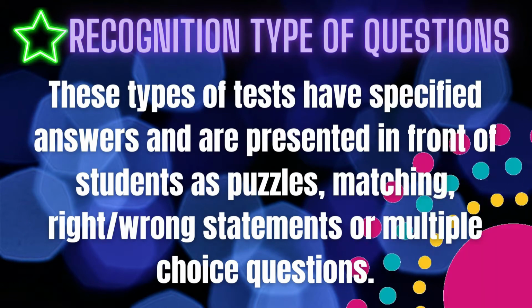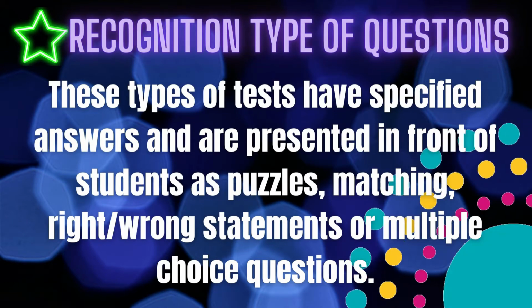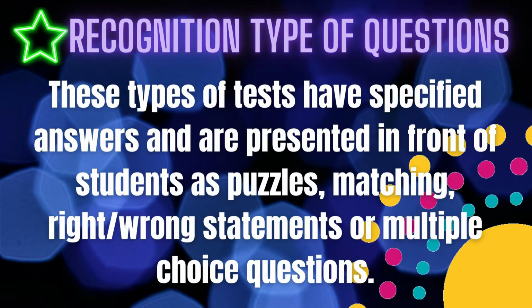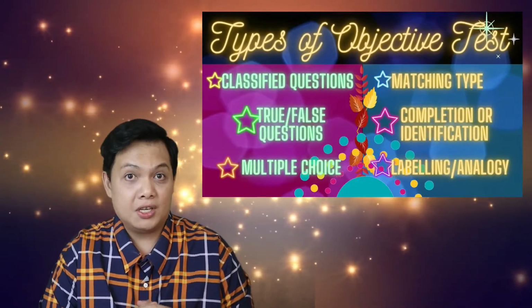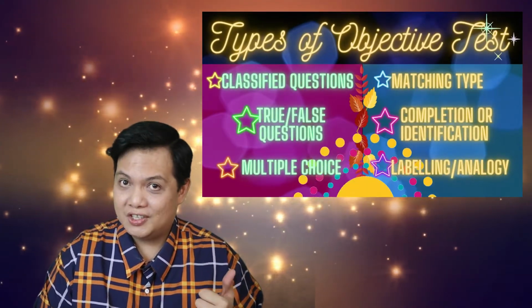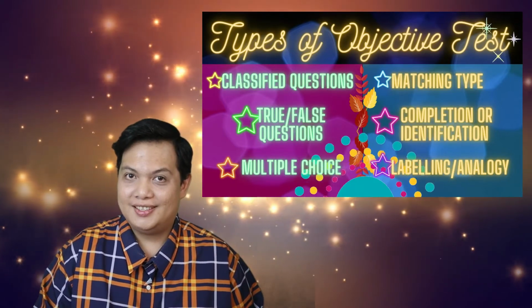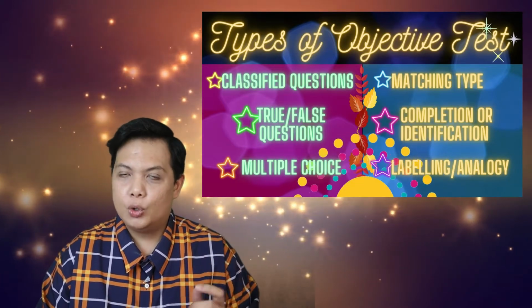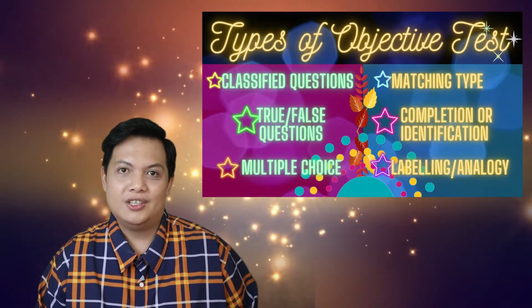These types of tests have specified answers and are presented in front of students as puzzles, matching, right or wrong statements, or multiple choice questions. Which brings us to types of objective test. We have classified questions, true or false questions, multiple choice questions, matching type, completion or identification, and lastly, labeling or analogy.